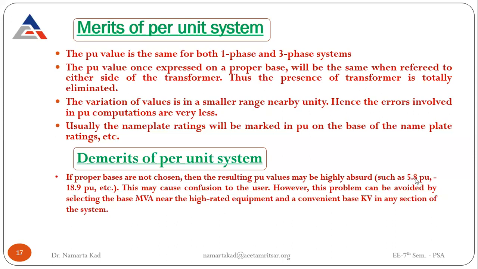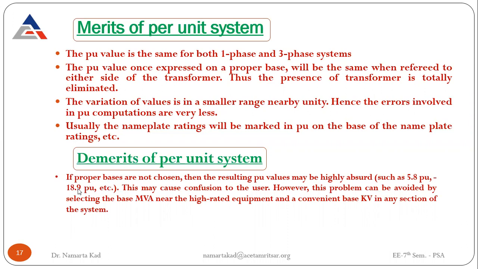We don't want these types of large values, and we choose the base values accordingly so that our per unit values come out very small, nearly unity. Nearly unity, between 1 to 2 or 0.5, 0.7, 0.8, like this.